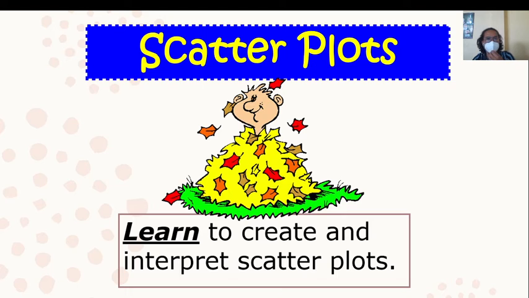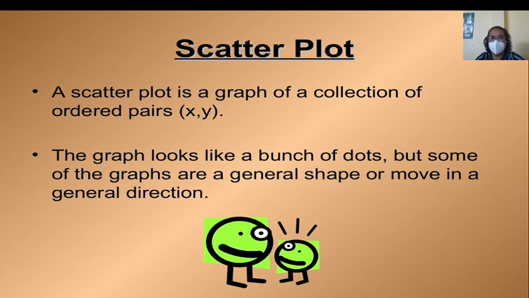Now, we will go to the scatter plot. Here, we will learn to create and interpret a scatter plot. Ano ba sila ibig sabihin ng scatter plot? A scatter plot is a graph of a collection of ordered pairs. Therefore, pag may pinag-uusapang ordered pair, saan natin siya ipa-plot?